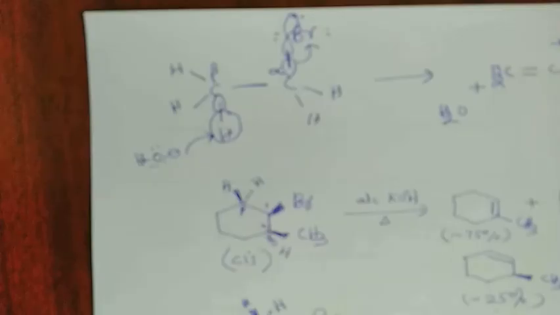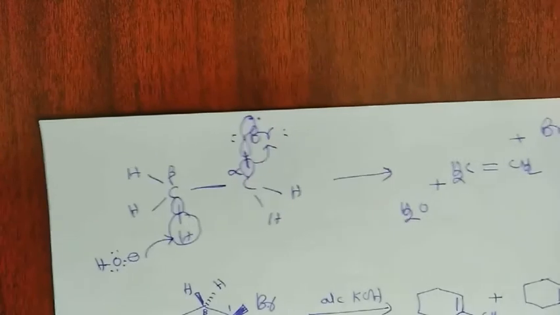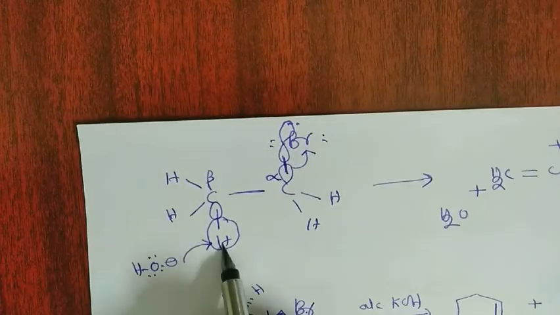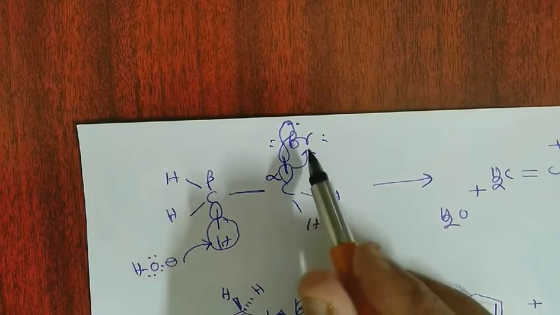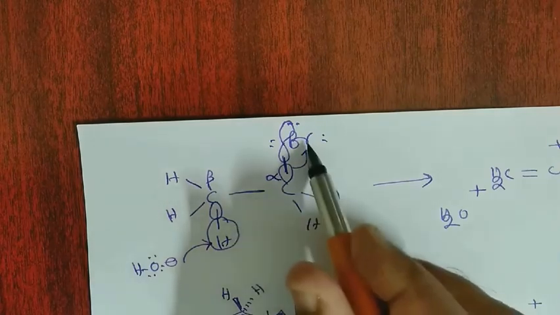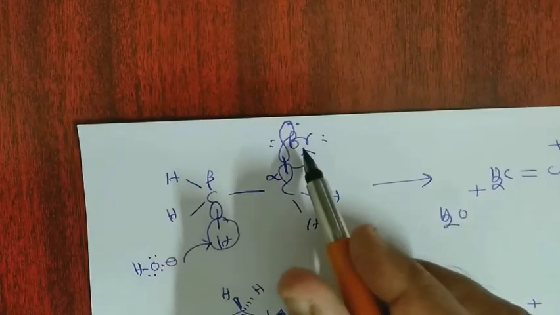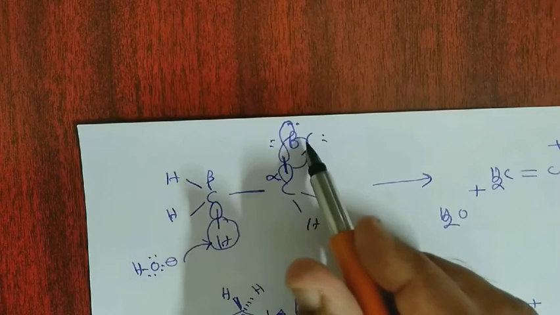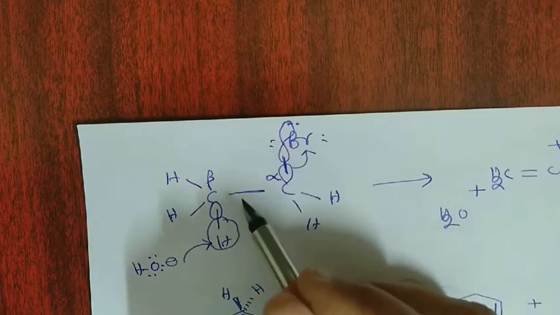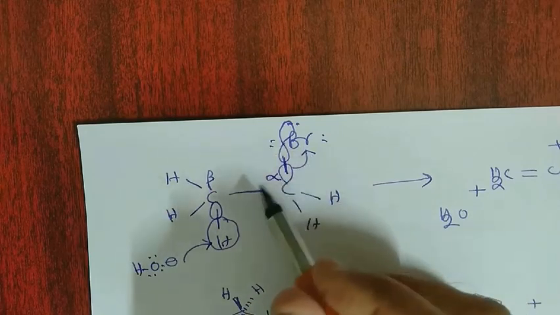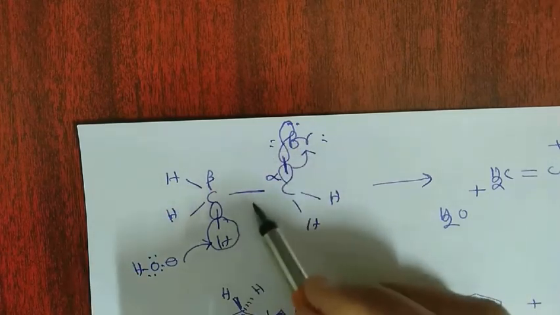The stereospecific requirement of the reaction. The leaving groups, that is beta hydrogen atom and halogen atom, must have a trans orientation. They must be anti-periplanar. Periplanar means almost planar. Anti means diagonally opposite.